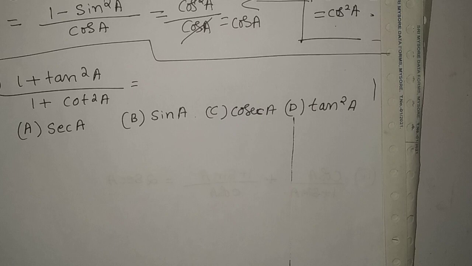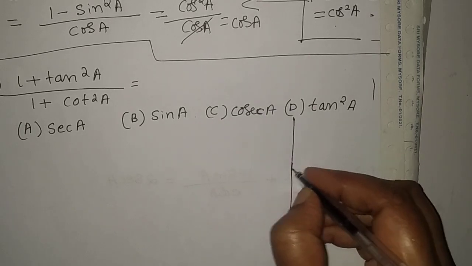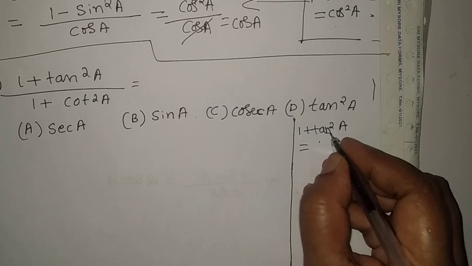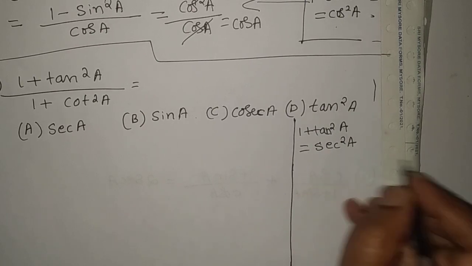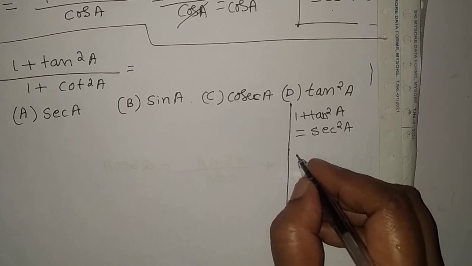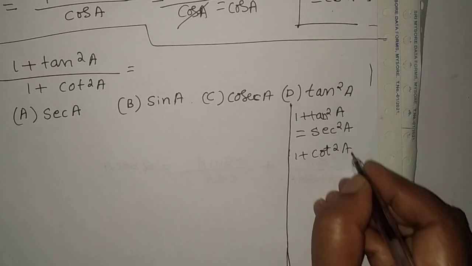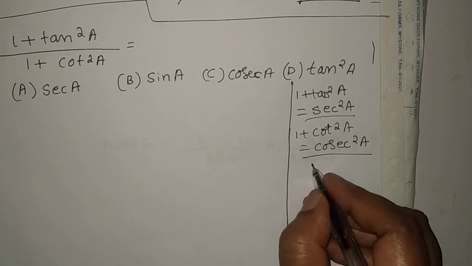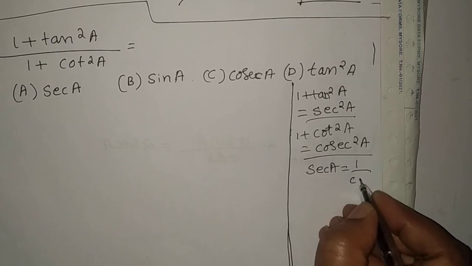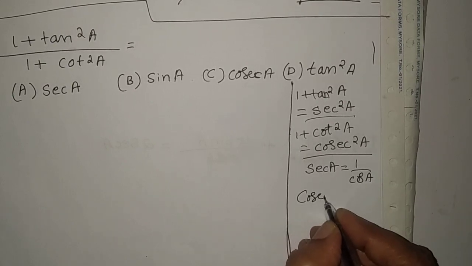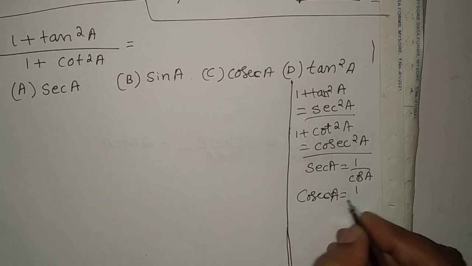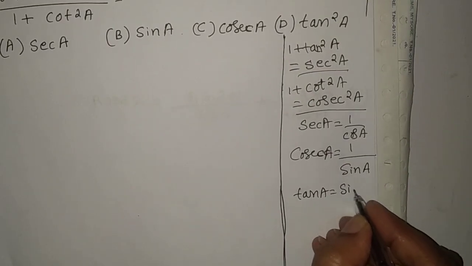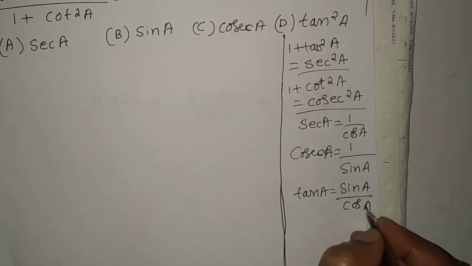Similarly here we'll see what formulas we have to use. 1 plus tan square A is equal to secant square A, and 1 plus cot square A is equal to cosecant square A. We can use these, and also secant A is equal to 1 by cos A, cosecant A is equal to 1 by sin A, and tan A is equal to sin A by cos A. All this we have to substitute here.